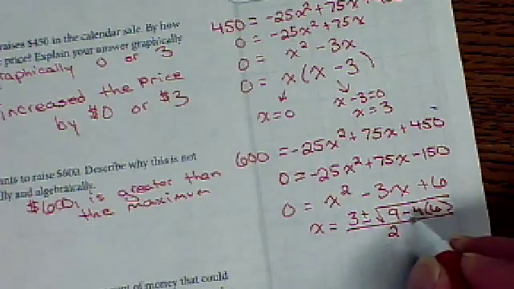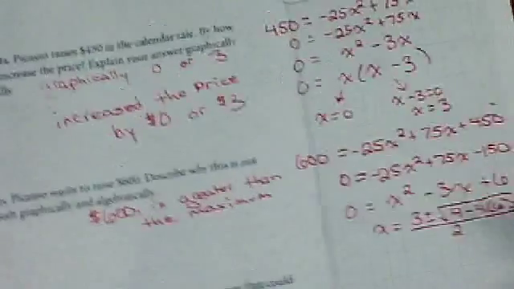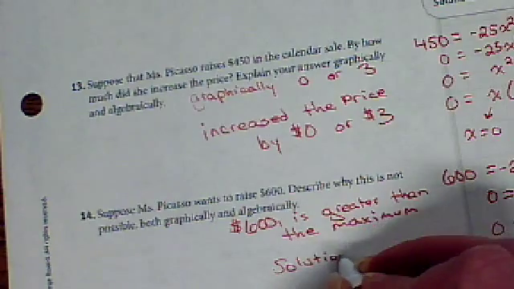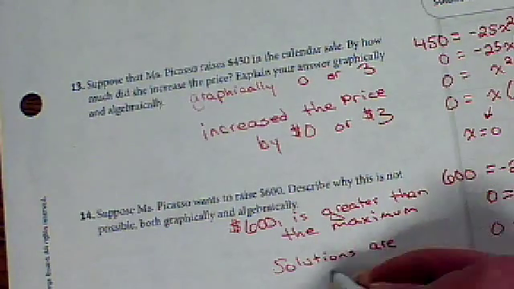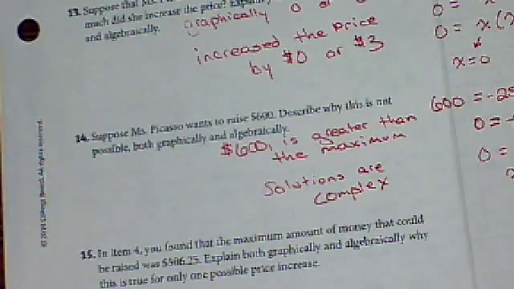Notice what happens. 9 minus 24. We're going to get a negative number in that discriminant. So the solutions are complex. That doesn't exist on our graph.